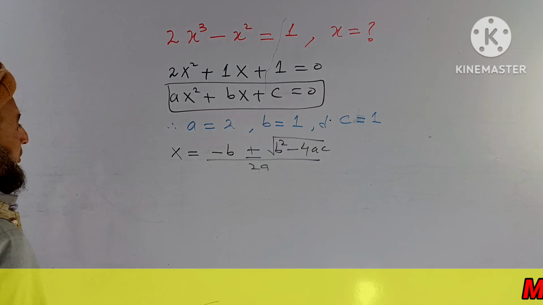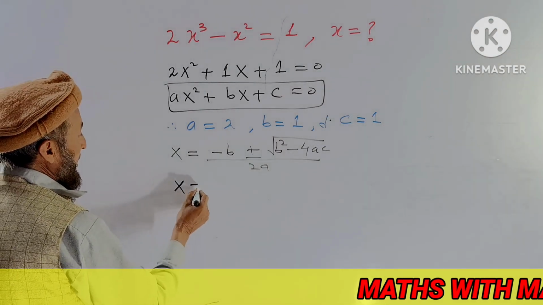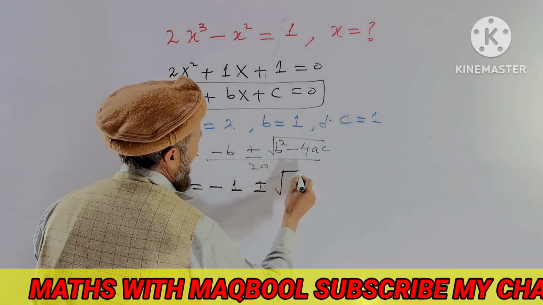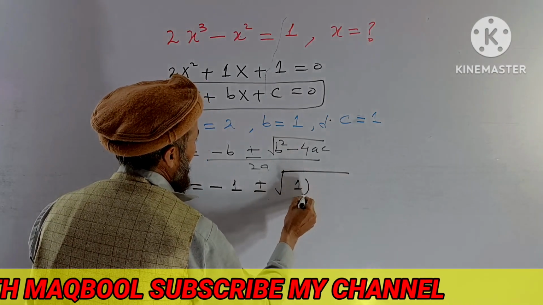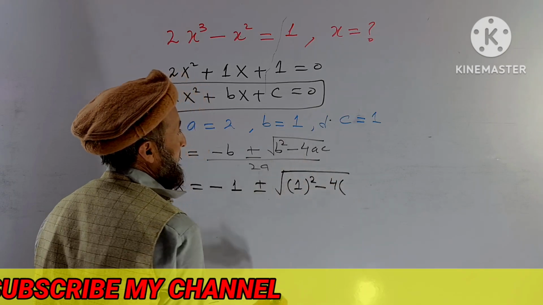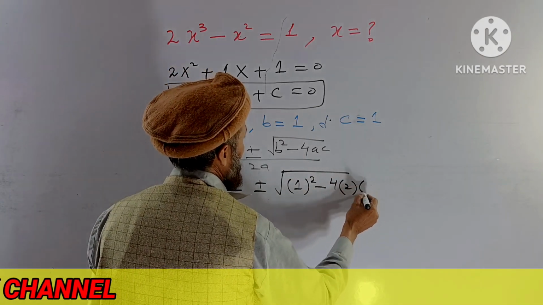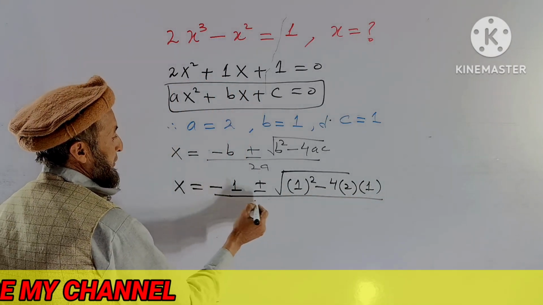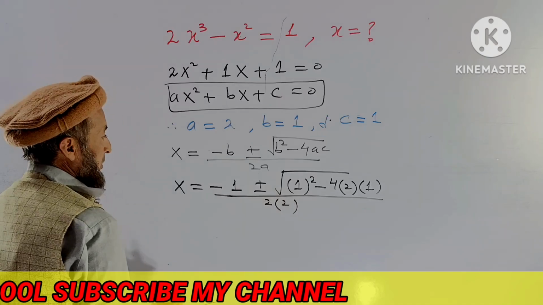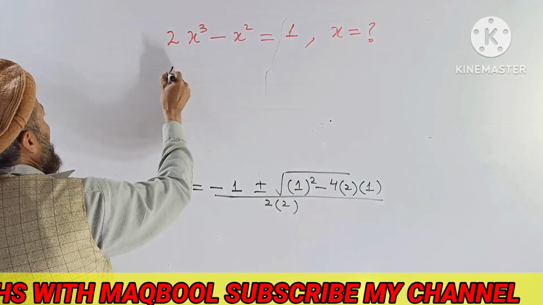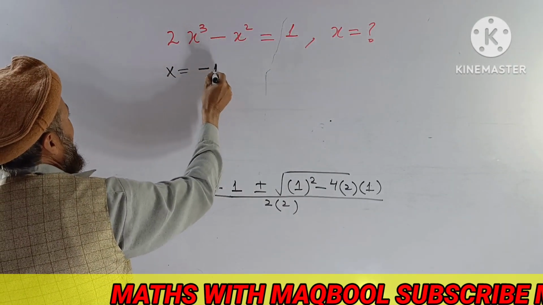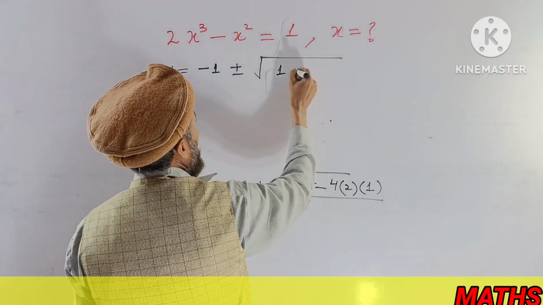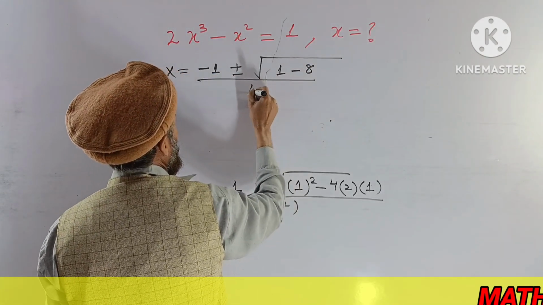Now we substitute the values of a, b, c in this equation. So what will happen here? Look here, b value is 1, so x is equal to minus 1 plus minus square root of 1 square minus 4ac, where a is equal to 2 and c is equal to 1, divided by 2a, which is 4. So x is equal to minus 1 plus minus square root of 1 minus 8, divided by 4.